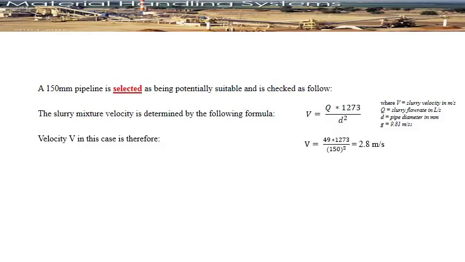The velocity in this case will be 49 multiplied by 1273 divided by 150 square, and it's going to be equal to 2.8 meter per second. Now, that will be the actual velocity required to pump the slurry mixture inside the 150 millimeter pipeline.